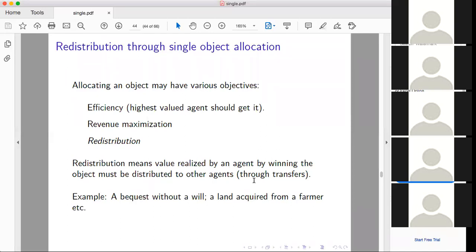So these are two common objectives, but there is also an alternate view of allocation problems, which is the redistribution view. What is the redistribution view?